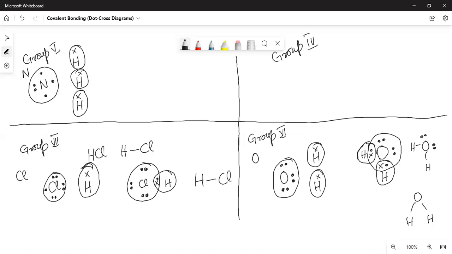So hydrogen will share its electron with nitrogen. It will share 3 electrons with nitrogen. Nitrogen shares one electron with one hydrogen, then the second one with another hydrogen, and the last one with another hydrogen, like this.